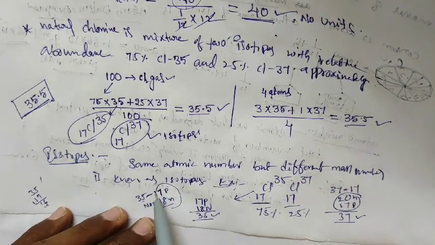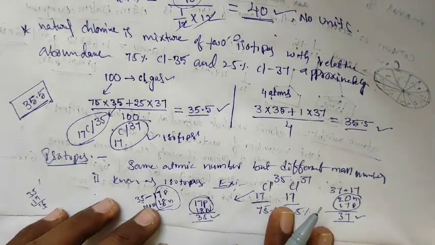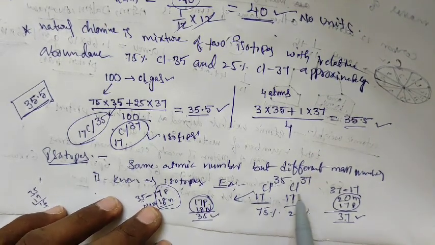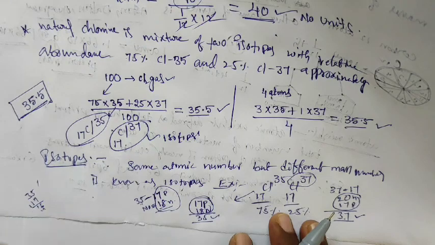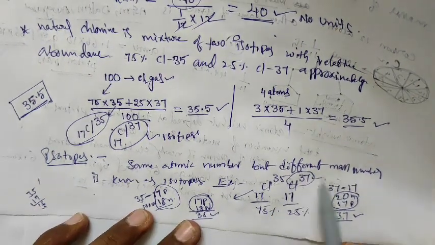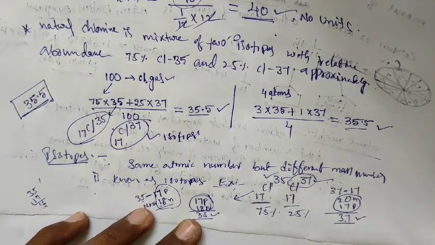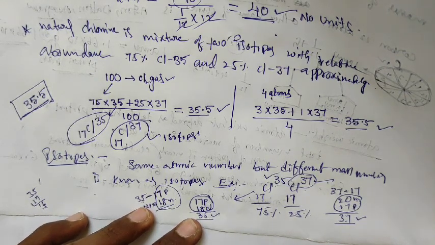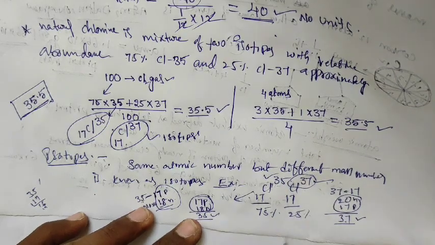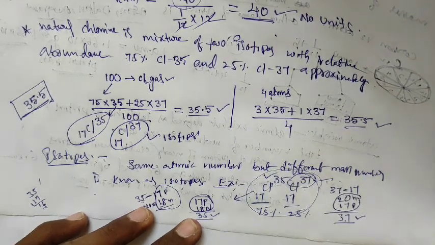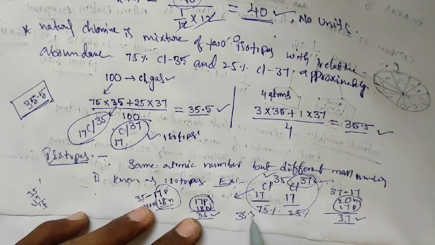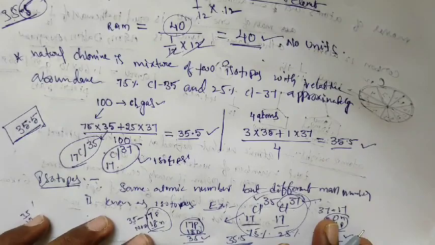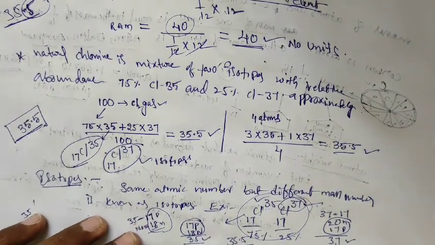So that is how 37 mass and 35 mass came. But which mass do we take for the chlorine atom? Scientists decided on the average atomic mass of the naturally occurring element. So we take the average of these two, and that gives 35.5. Now the chlorine mass is 35.5. Okay, thank you. The remaining we will discuss tomorrow.